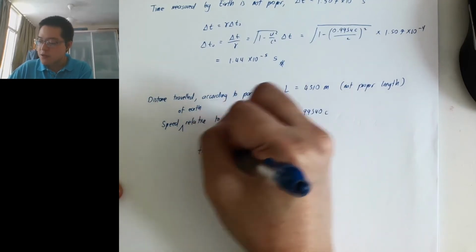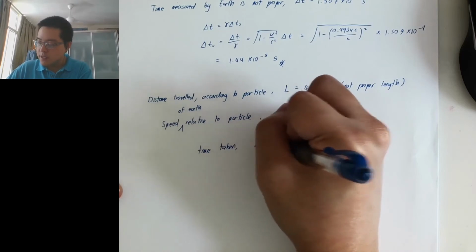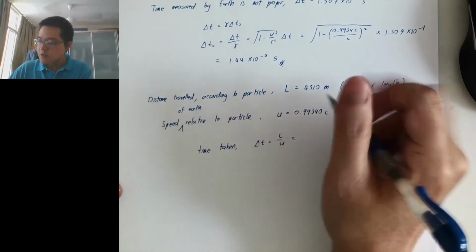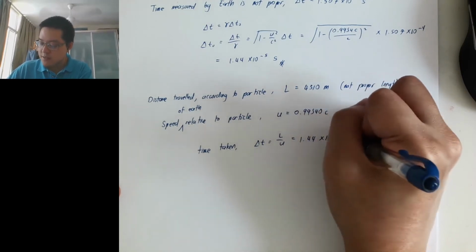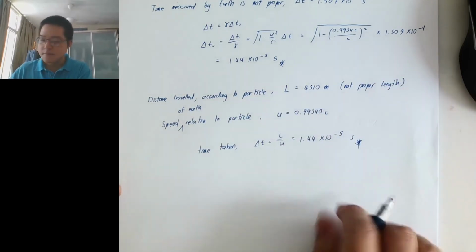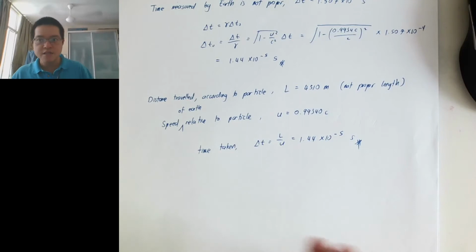Using our normal kinematics formula, delta t is just L over U. So if you divide these two, you will just find the same answer again. So it's consistent. The reason why we have time dilation and length contraction is the same reason. So if your time is dilated, then your length is contracted by the same factor, and using one or the other, you can still calculate the result consistently.